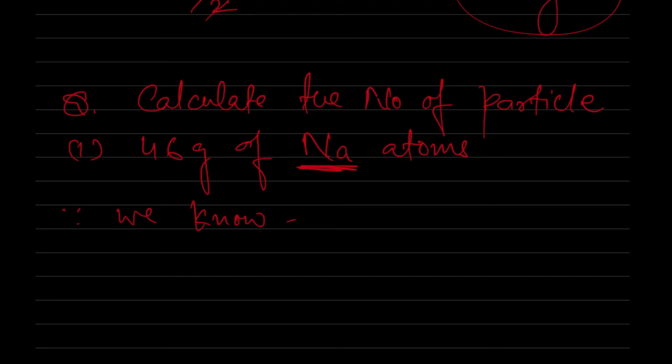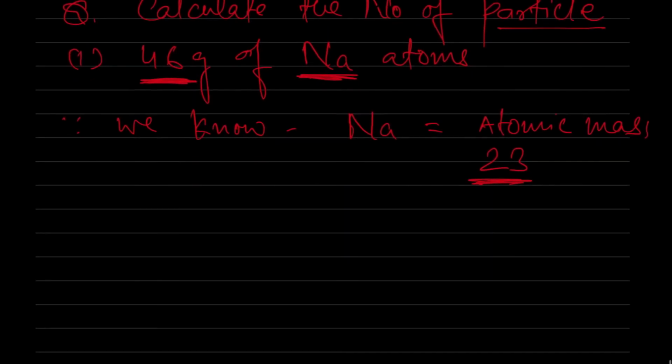that the atomic mass of sodium is 23. The problem gives 46 gram of sodium atoms, and we have to calculate the number of particles. First of all, with this relationship, we have to convert into mole.